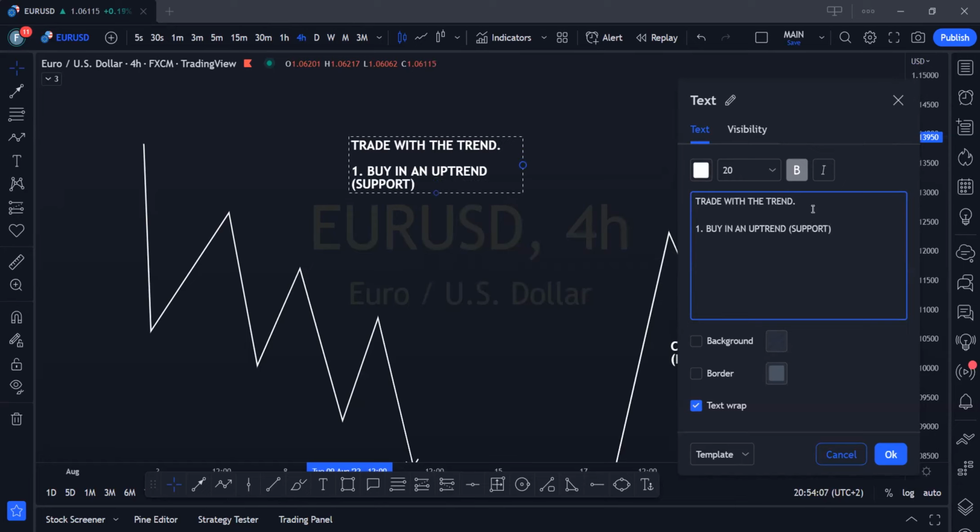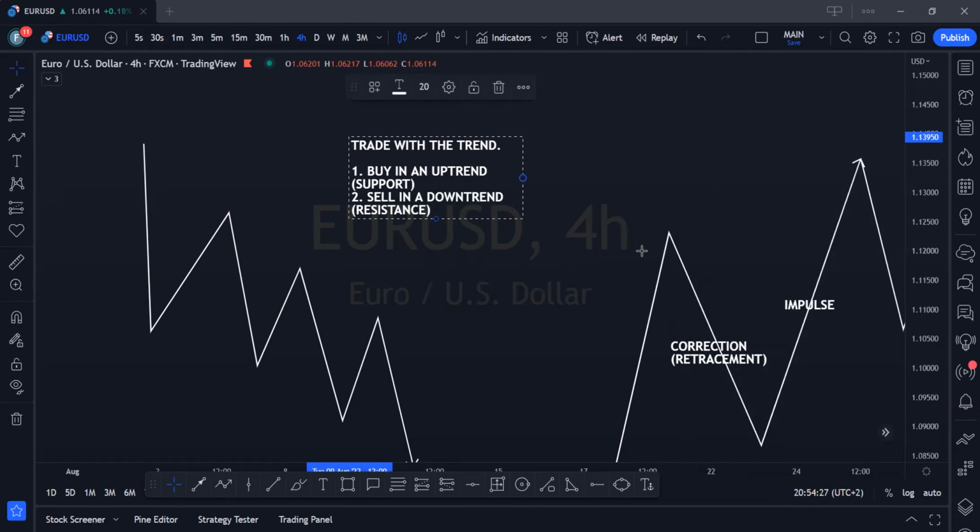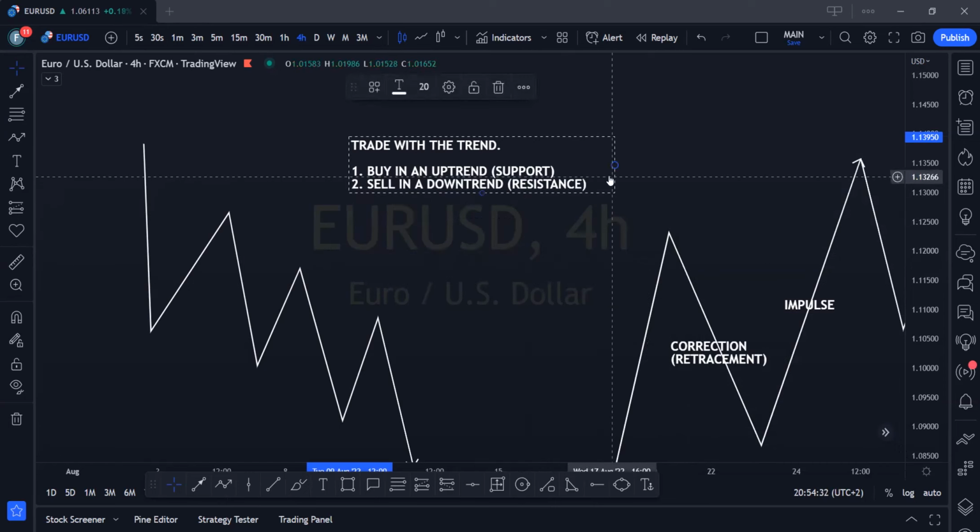When you spot a downtrend, you are looking for sell opportunities in a downtrend. And then where do you sell? You are looking for resistance. All right, so because of time, I won't be able to really explain this, but understand this concept.